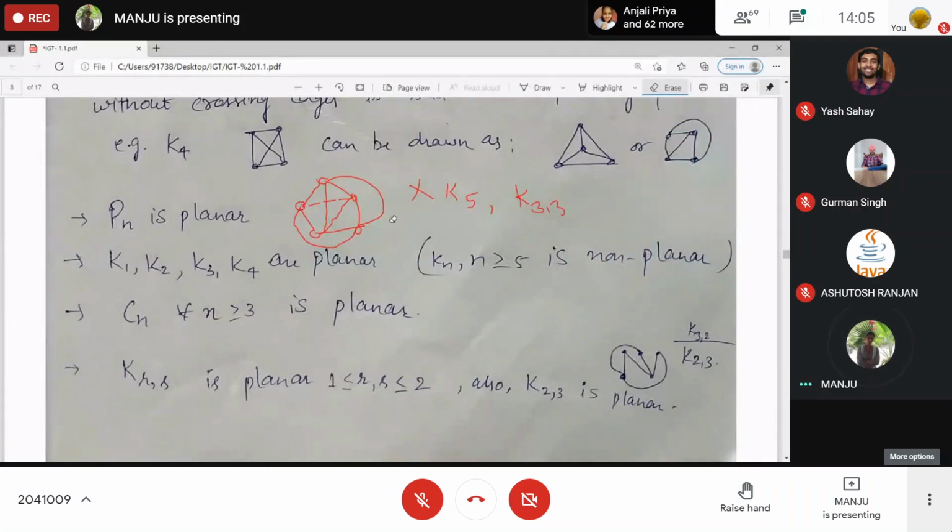Okay, so Kn, wherever n is at least 5, is non-planar. Understood? Yes. And K3,3, or you can just say K r,s where r and s both are at least 3.